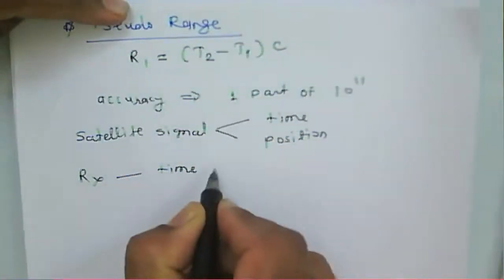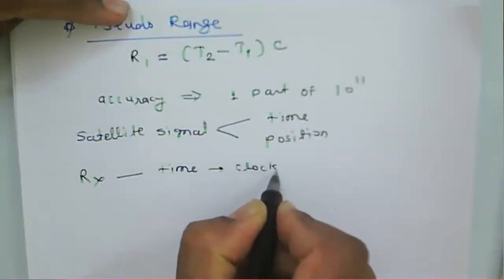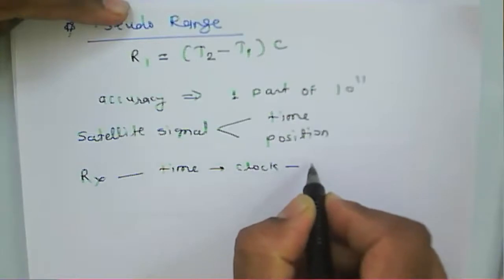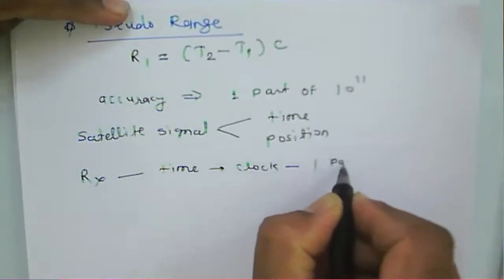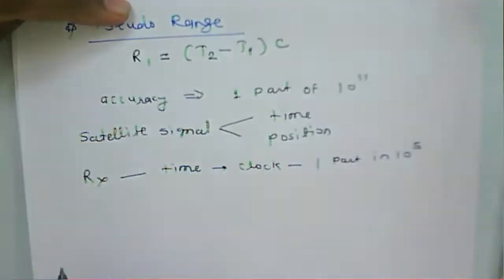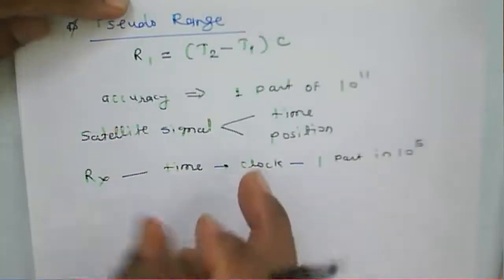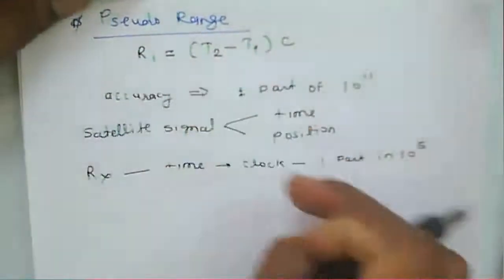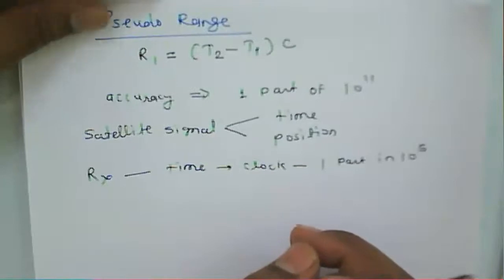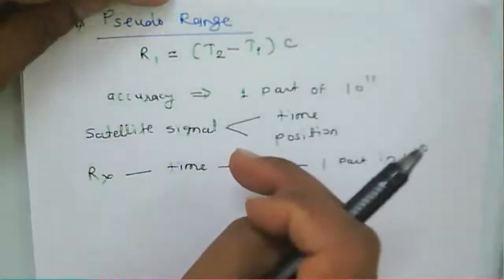But the clock in the receiver has an accuracy of one part in 10 to the power 5. So in terms of accuracy of timing, atomic clocks are avoided in the receiver design.